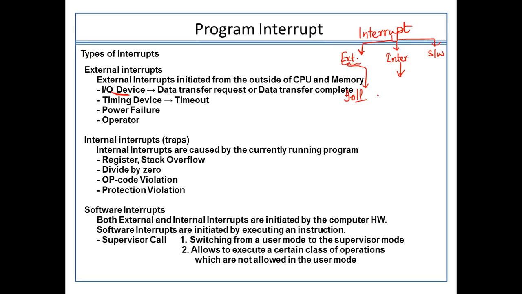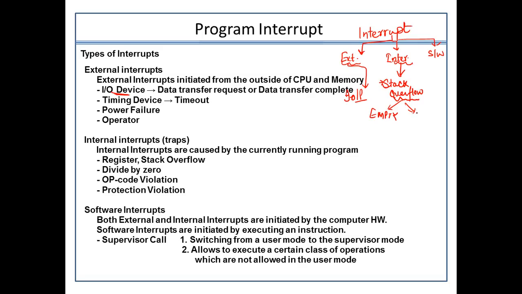The second category is internal. As the name specifies, internally when we are running some program, within that program we get some kind of interrupt. A very simple example is stack overflow. If you have learned the concept of stacks before, there is always an overflow condition, whether the stack is full or the stack is empty.